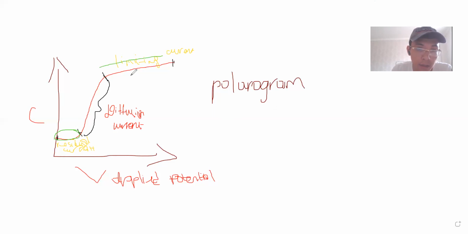This one is the limiting current, and this one the diffusion current. So we have to divide this line into two groups. In my case, it's this one. Okay, we divided, and we have to go down.